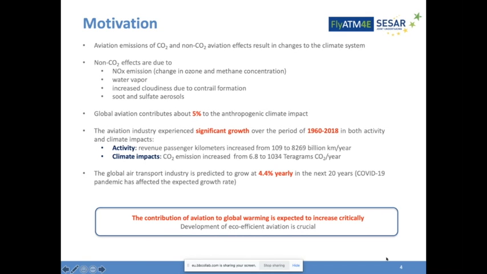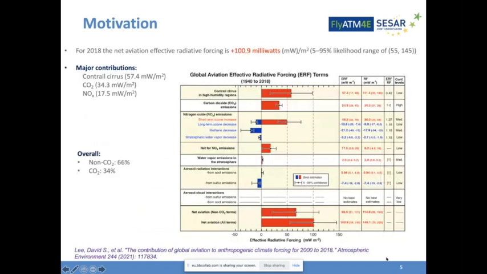However, the air transport industry is predicted to grow at 4.4% yearly in the next 20 years, which means the contribution of aviation to global warming is expected to increase critically. So the development of eco-efficient aviation is crucial.